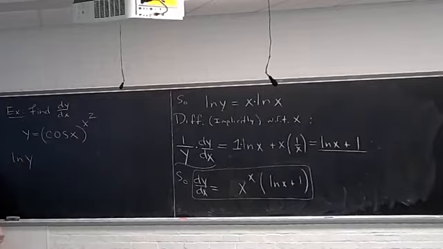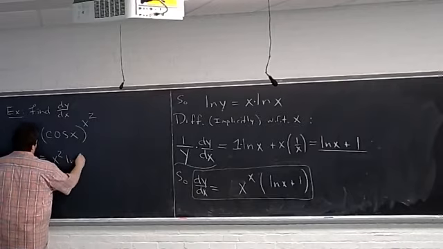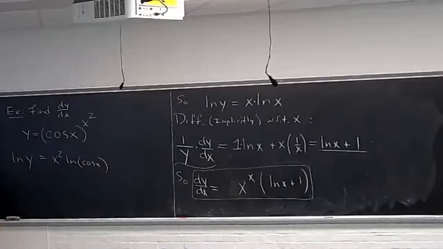Logarithm of the left, logarithm of the right. Logarithm of cosine x all to the x squared, but the x squared comes out front using the logarithm properties. Differentiate with respect to x.